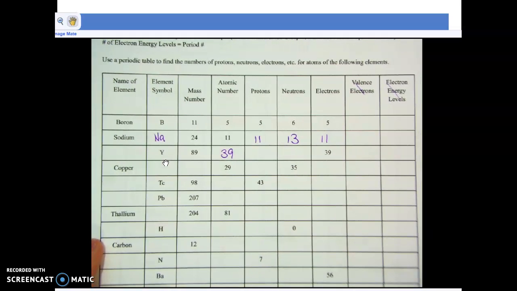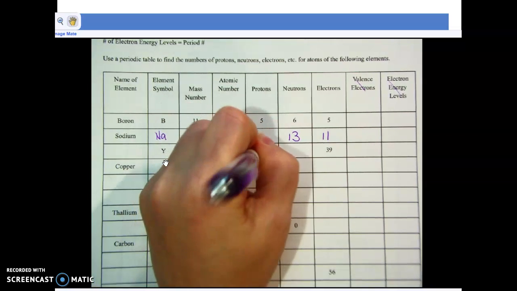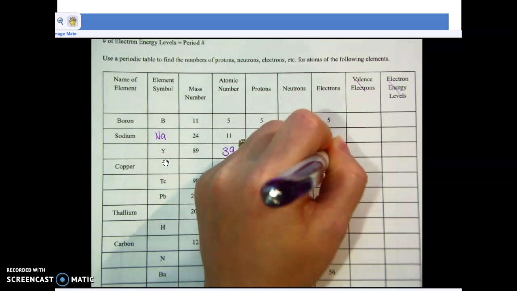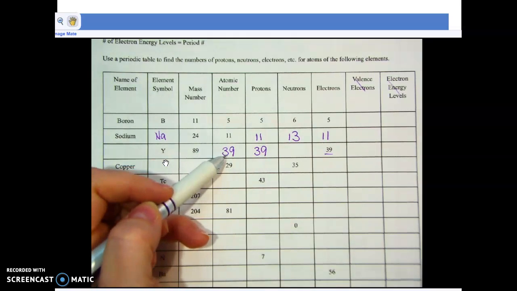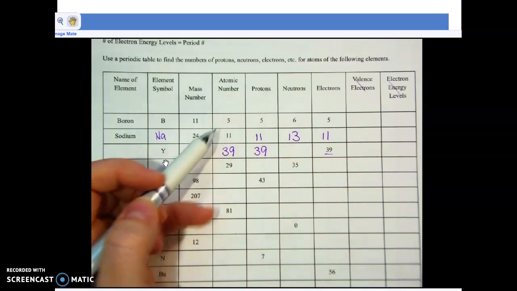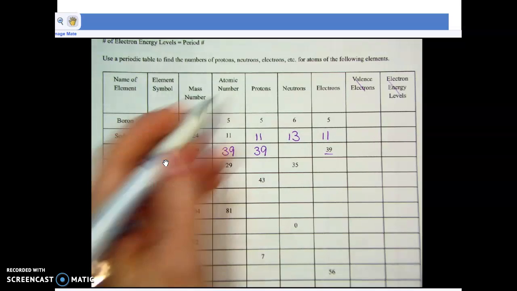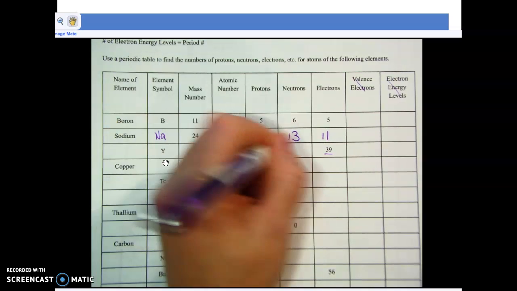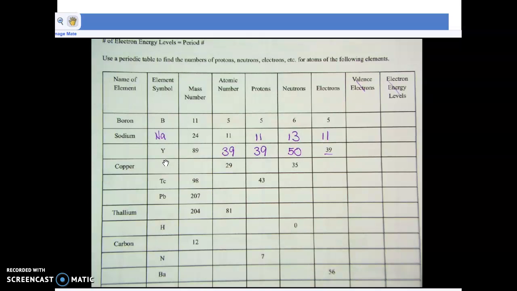And then protons are going to be the same as the atomic number. Oh, look, it's right there. So you could have actually just used the chart and figured that out. 39, because electrons is the same as the atomic number. And then you're going to have to do math. 39 from 89 is 50, right? Hopefully I did that math right.